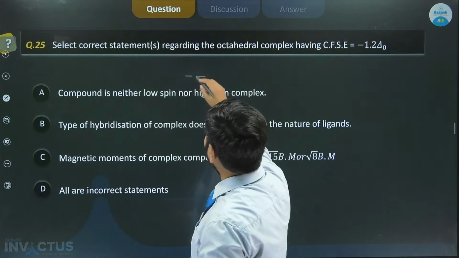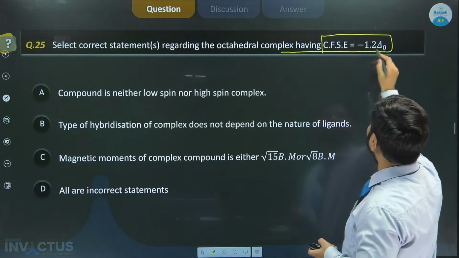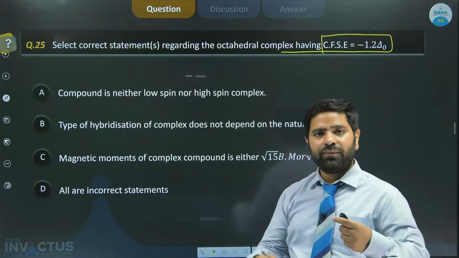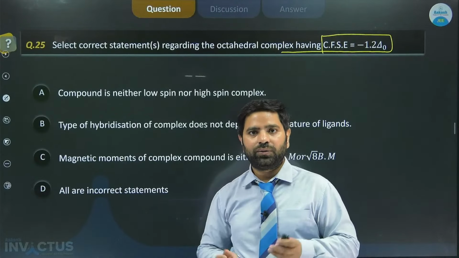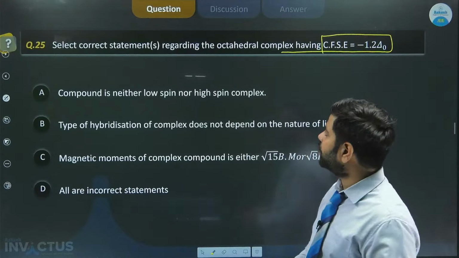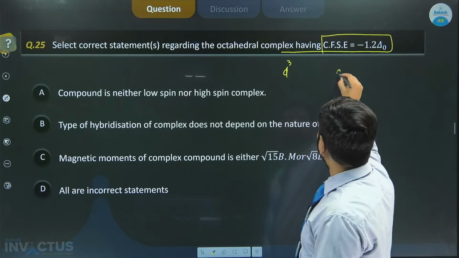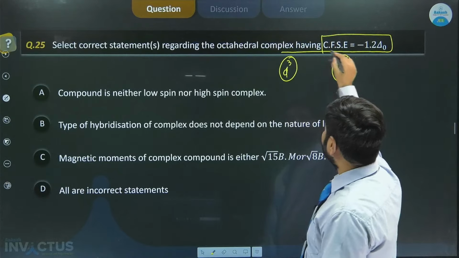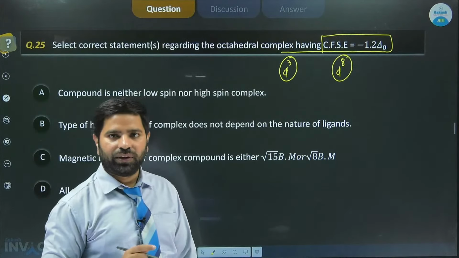Next question: select the correct statement regarding the octahedral complex having CFSE equal to minus 1.2 del naught. How can we decide which configuration gives CFSE equal to minus 1.2 del naught? We will have to choose the configuration. After thinking about it, we reach the stage where we can decide that the d8 and d3 configurations will have CFSE equal to minus 1.2 del naught.